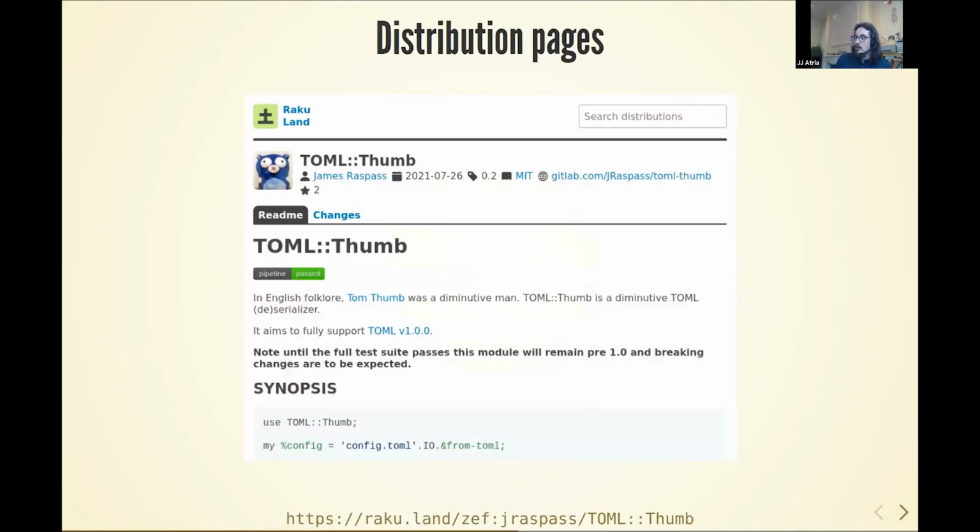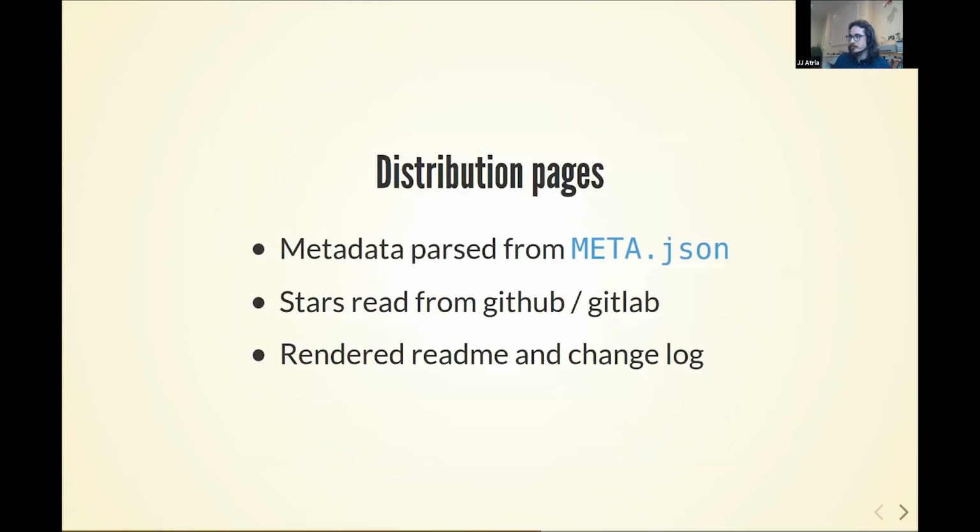If you actually go to a distribution, you'll have a distribution page with some information about the author and metadata about the distribution. We also render the README and the changes for the distribution. Most of the metadata for the distribution, we try to parse from the meta JSON whenever possible. That is our source of truth for everything in the site.